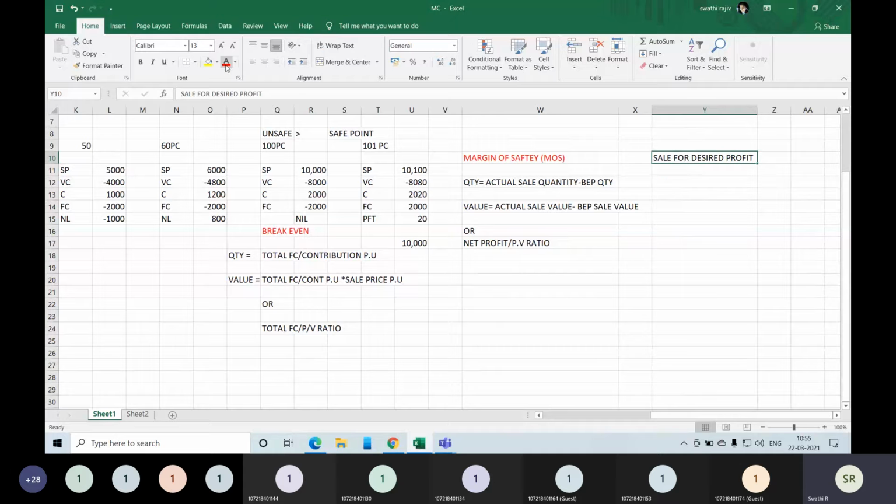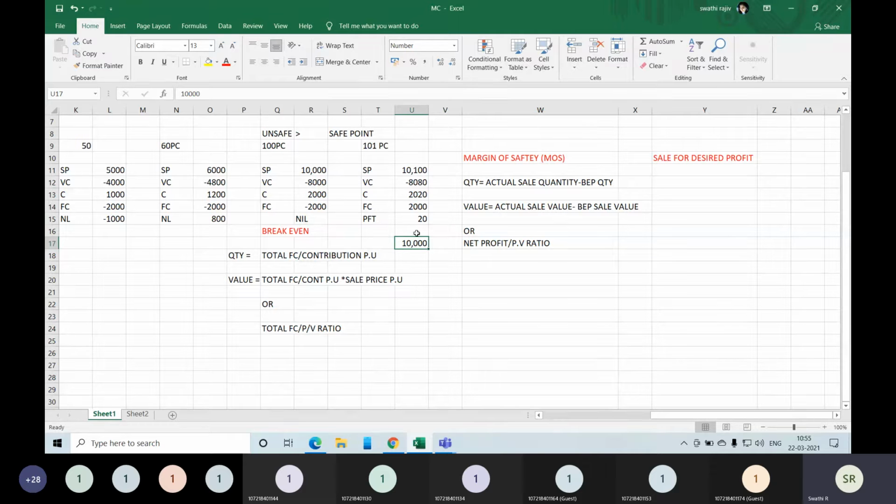Understood, guys, what we are doing here? I have got profit. I know my safe point. I know my margin of safety. I know my break-even. I know everything. I know my safe place and unsafe place. But now what do I want to know? I want to know how to earn more profit. How many units should I sell or produce so that I can earn more profit?